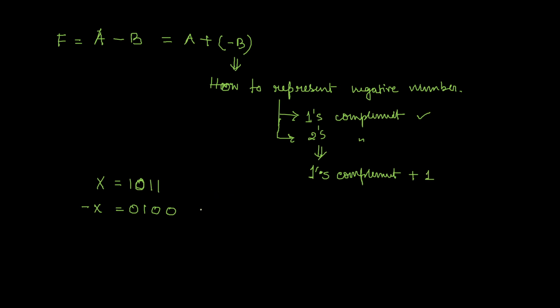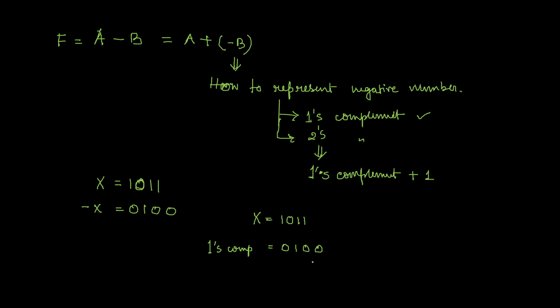That means if I have the number x equal to 1011, and I want to find minus x in two's complement form, first we have to do the one's complement of x. So the one's complement will be, obviously, toggled, so it will be 0100.